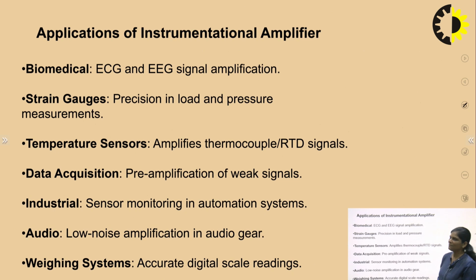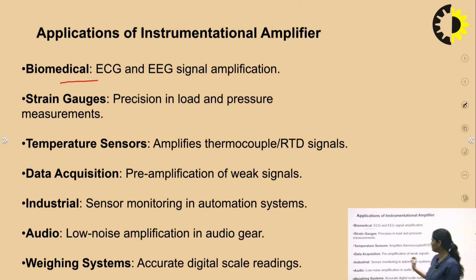Now, these are the applications of the instrumentation amplifier. It can be used in biomedical ECG and EEG signal amplification. The second is strain gauges, for precision in load and pressure measurement. The third application is temperature sensors, amplifying thermocouple or RTD signals. The next is data acquisition, pre-amplification of weak signals.